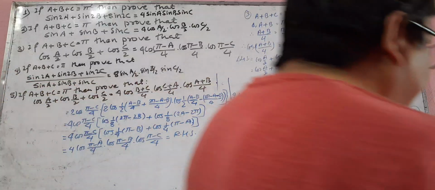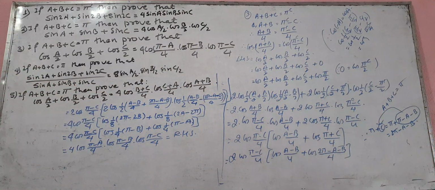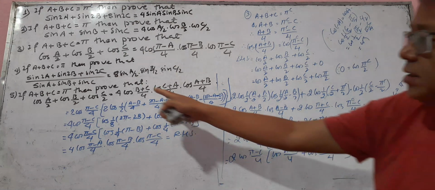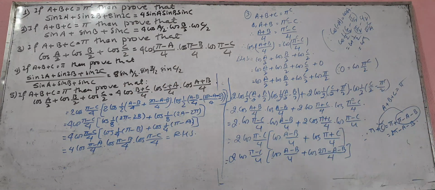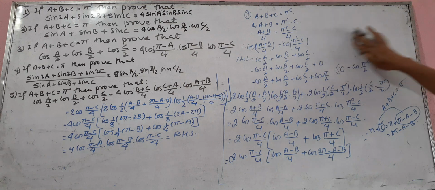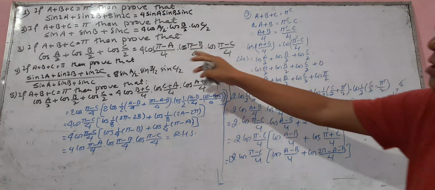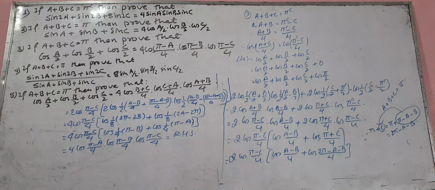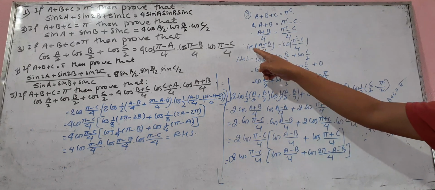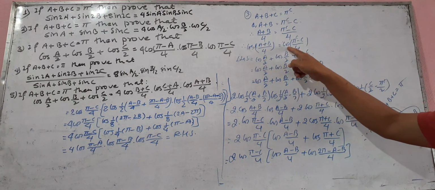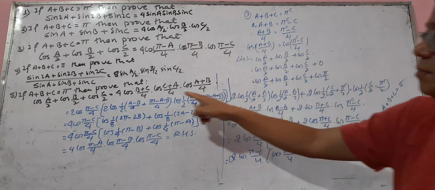Okay, we left one more problem to solve. That is question number 5, and question number 5 is similar to question number 3. You look here, cos (a plus b)/4 is equal to cos (pi minus c)/4.